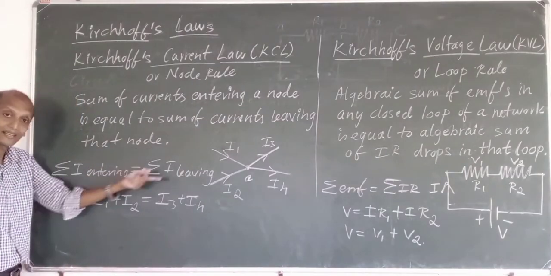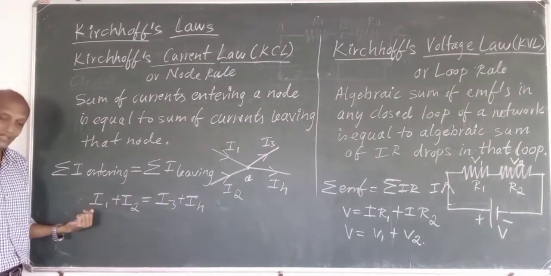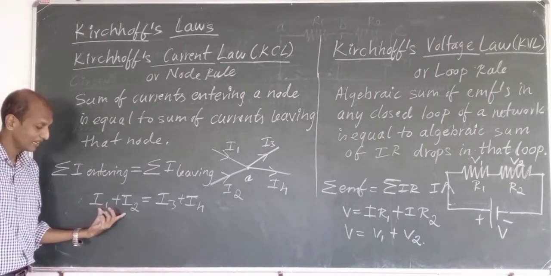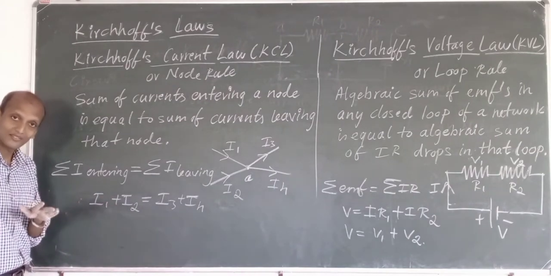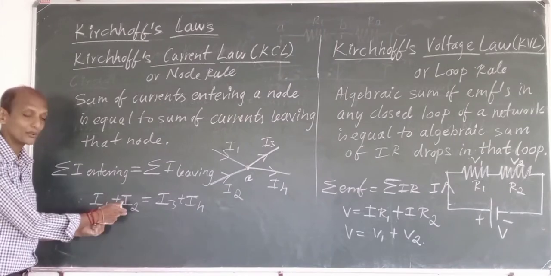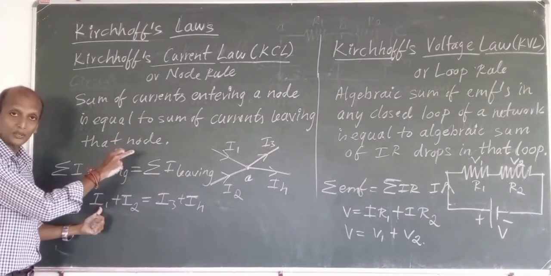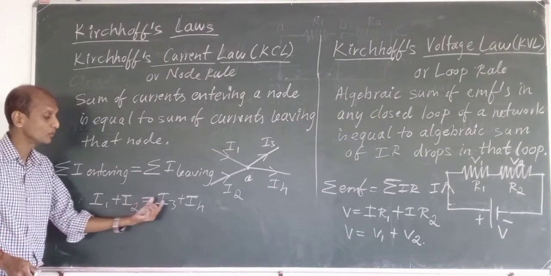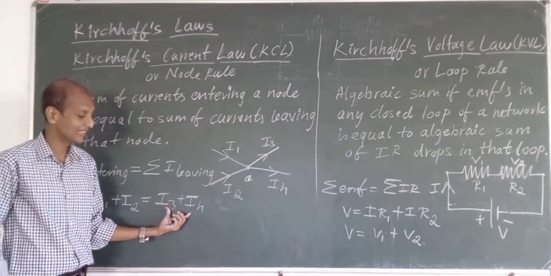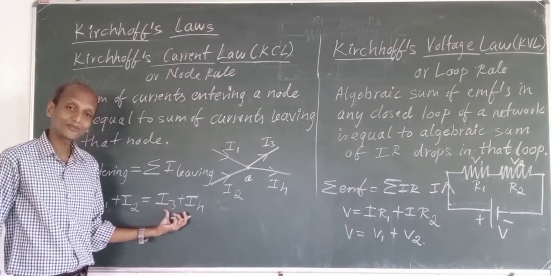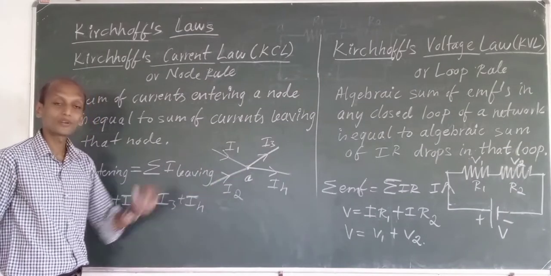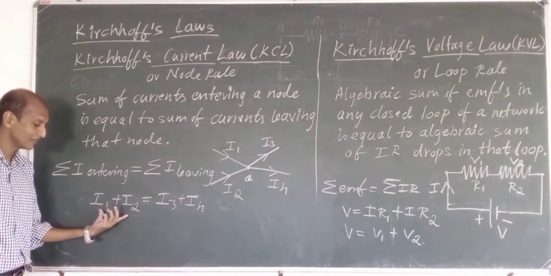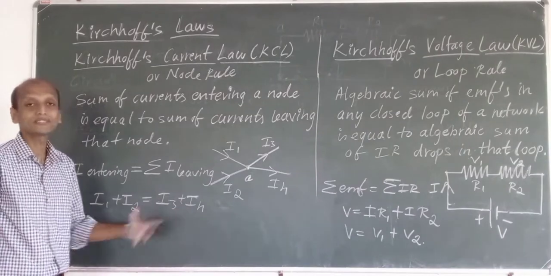With this example, I1 plus I2, the sum of the currents entering the node, is equal to the sum of currents I3 and I4 leaving this particular node A. So I1 plus I2 is equal to I3 plus I4.